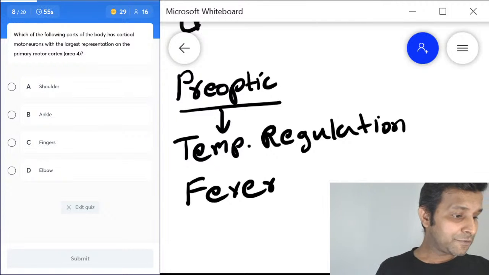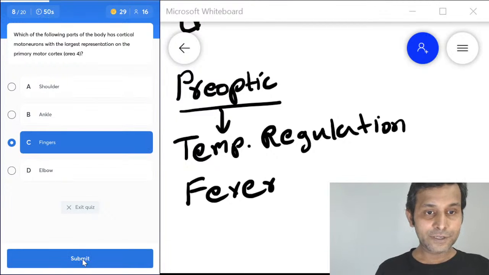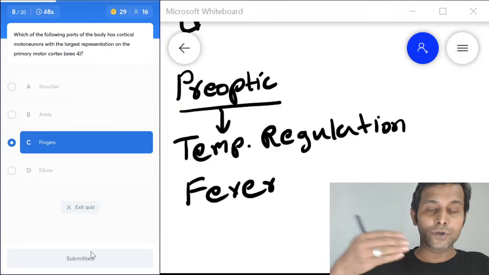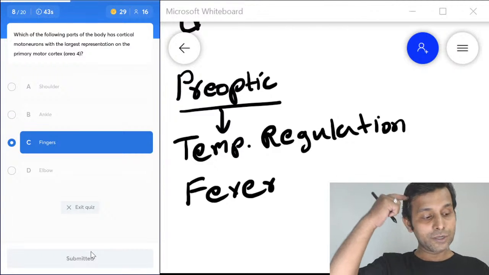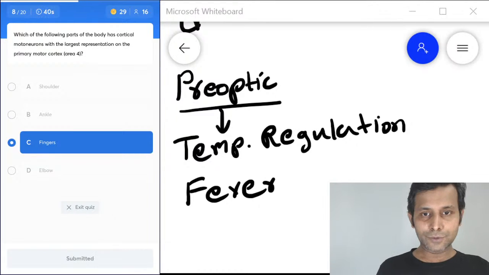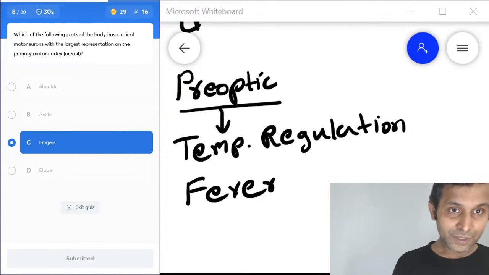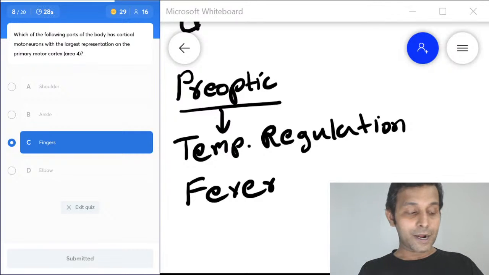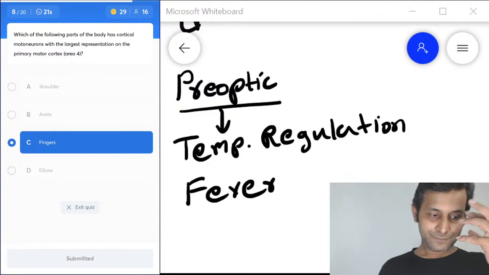Very simple. The part of the body which is highly active, or more responsible for very fine activities, should be highly represented in the motor cortex. We do writing, drawing mehendi with our fingers. So the largest representation should be either mouth or fingers.